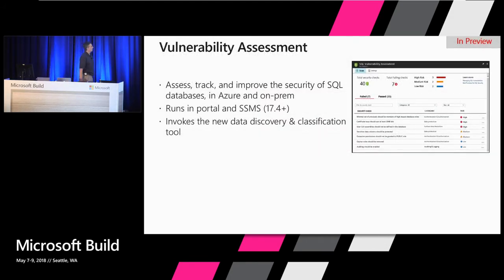All right, so let's switch gears and actually start talking about some real features. I'm going to start with a feature called vulnerability assessment. There's a reason why this feature is the first one in my list: we view this as a starting point for figuring out how to secure your database.